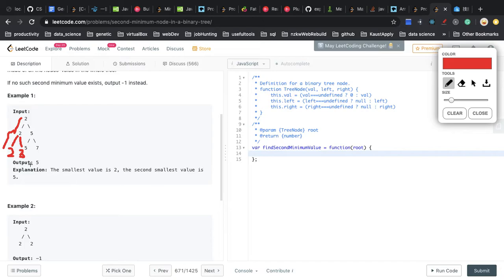Because node 3 is not -1, node 2 can return the value, and then the value can be compared with another node, which is node 5. In this case, we compare them directly using math.min. And after comparing them, we find out that node 3 is what we want.